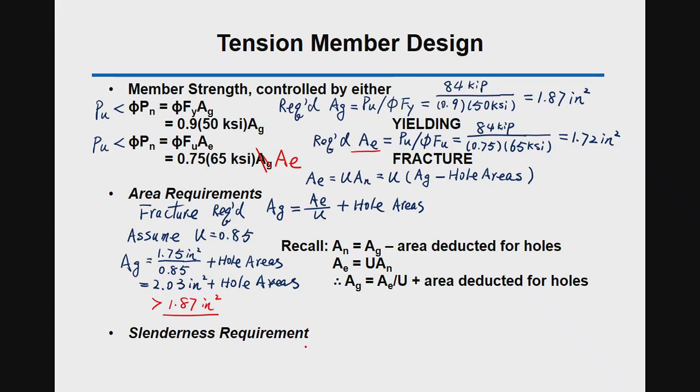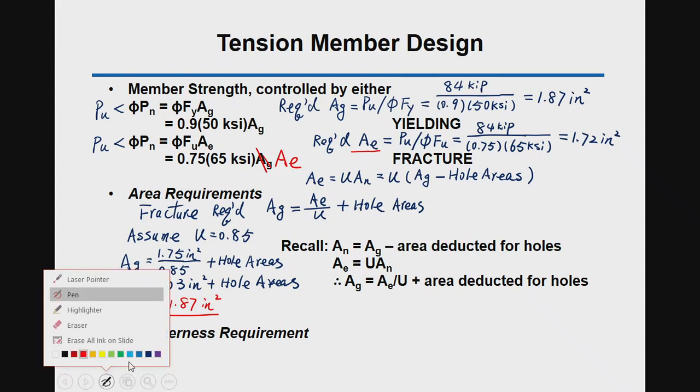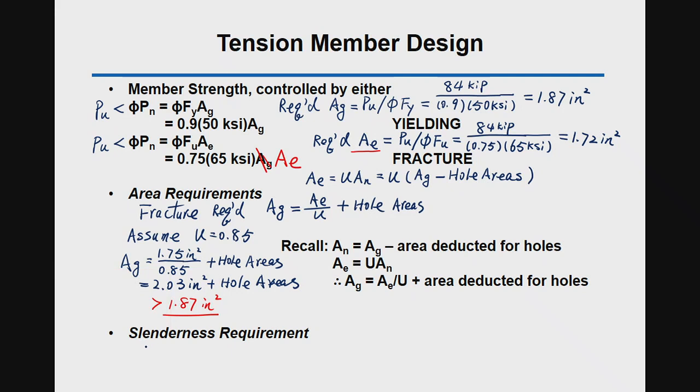Don't forget the slenderness requirement, right? As in the problem statement, L divided by r min, the minimum radius of gyration, must be smaller than 240.